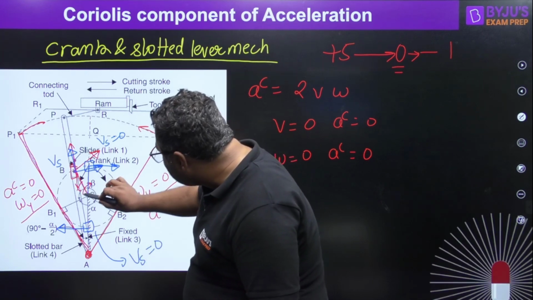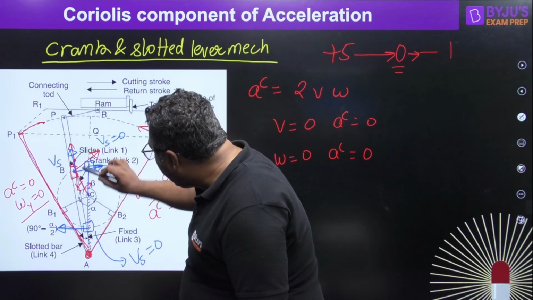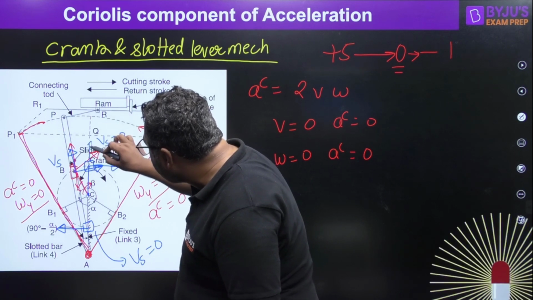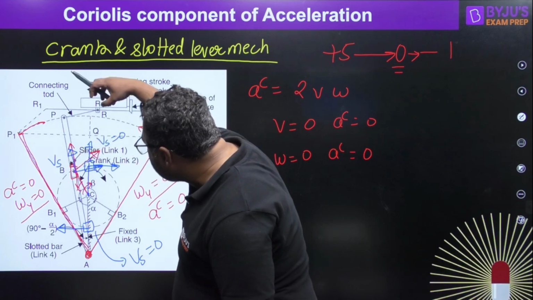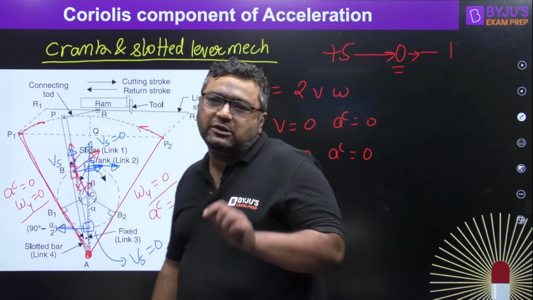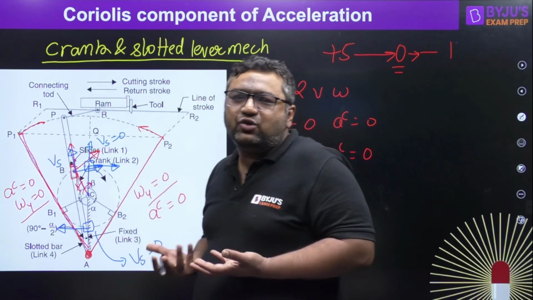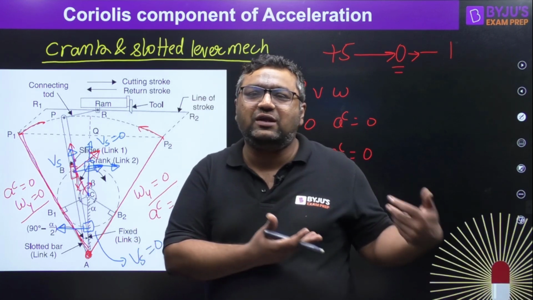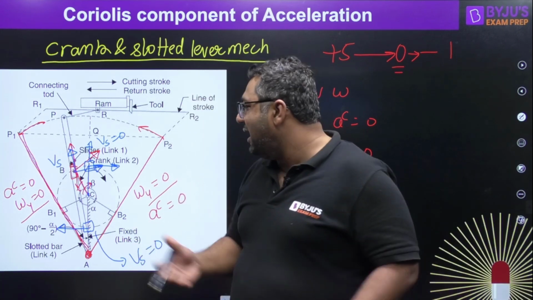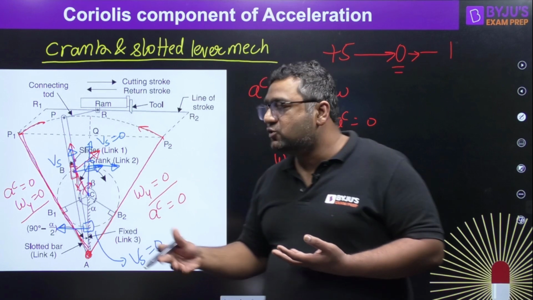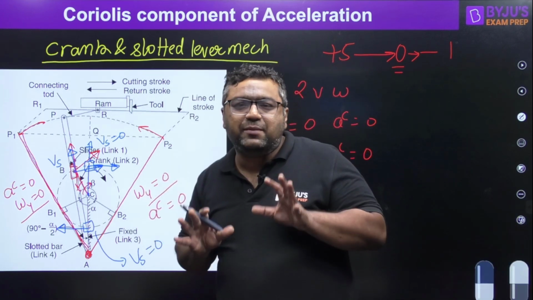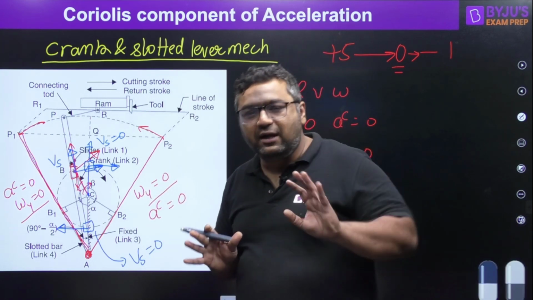Why? Because this is the crank, and if it had sliding velocity, it would have to go by breaking the connection with the crank, which is not possible in a mechanism, because we never allow it to fracture. If it is going to fracture, it means we need to go for a different mechanism or machine, and that would be considered a failure. So when we make the study, the machine and mechanism are properly working, they are not failing.